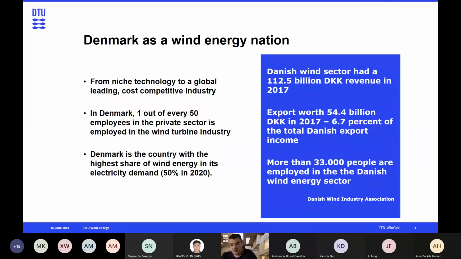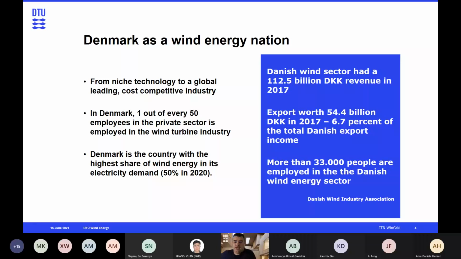Now, beyond that, you probably have seen or heard that Denmark is a wind energy nation, and actually wind in Denmark represents much more than it seems at first, with 1 out of every 50 employees in the private sector being employed by the wind turbine industry. And maybe the numbers have changed a bit, but I think the image is still the same.